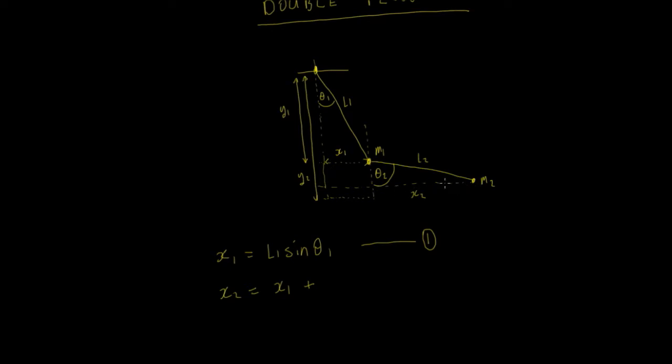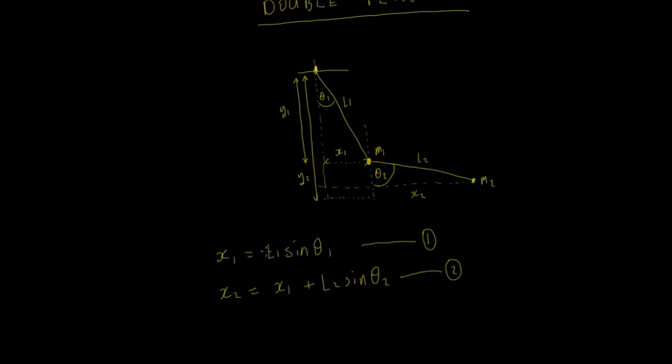Now that distance there is just going to be L2 and sine of this theta 2. So it's just going to be L2 sine of theta 2. Okay, so we'll call that number 2.